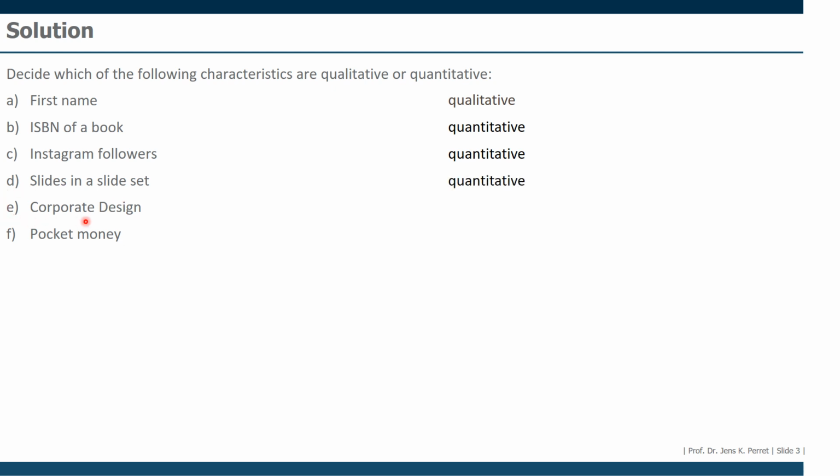With the corporate design, this is much more problematic. This is like, which colors am I going to use? What is the general style? Which font size? Is it bold? Is it italic? What am I going to use, or which graphics to include in my slides or in my letters or whatever. So there's a lot of information there. A lot of this information is, well, not set down in quantifiable numbers.